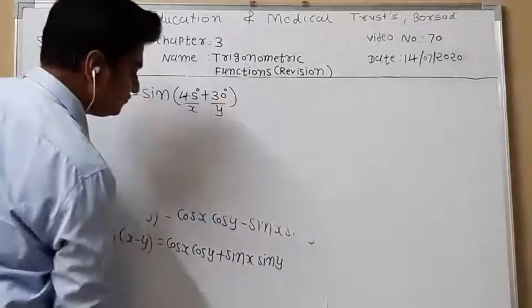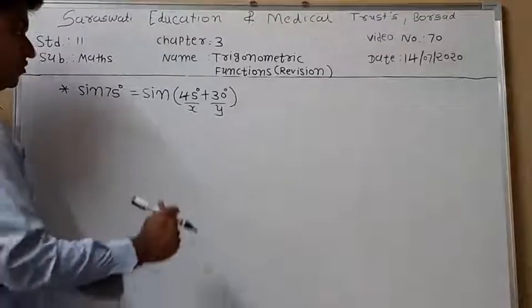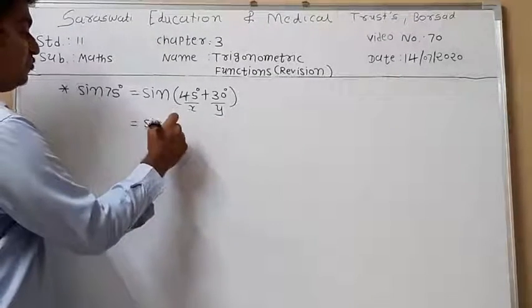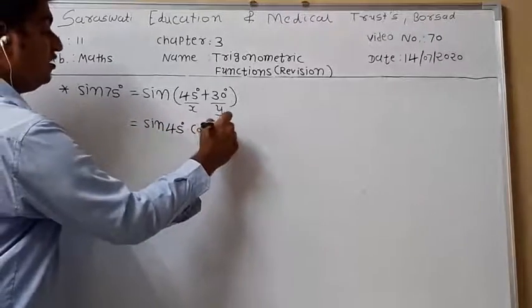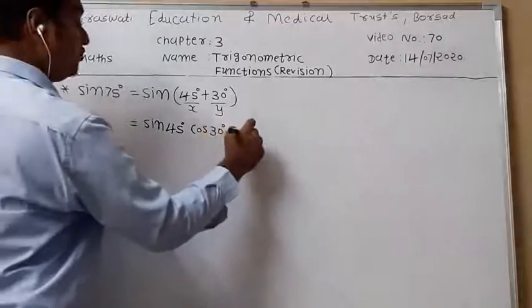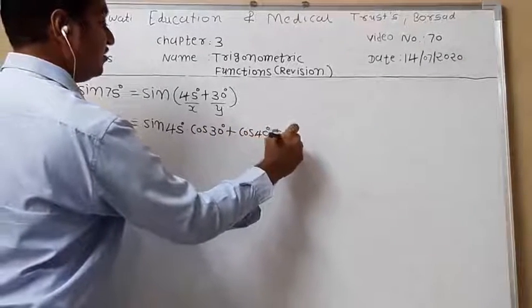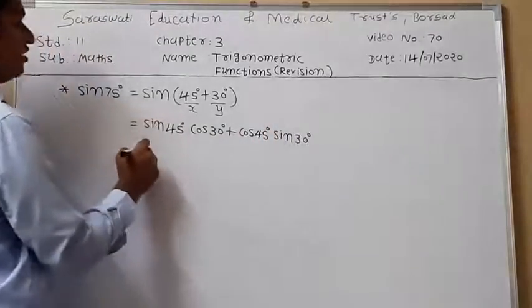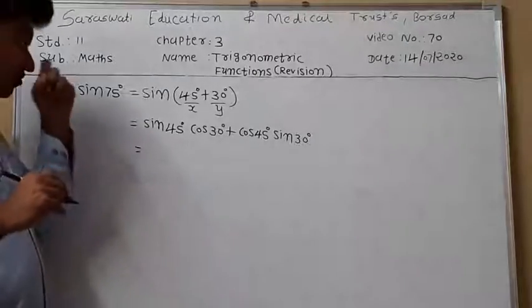Now sin of (45 plus 30) is equal to sin 45 degree into cos 30 degree plus cos 45 degree into sin 30 degree. Now this value is present in the trigonometry table.